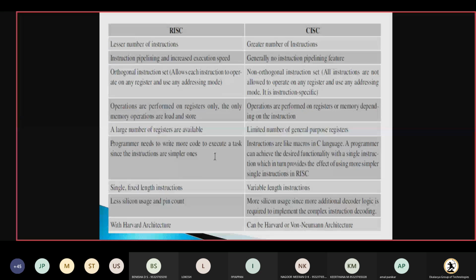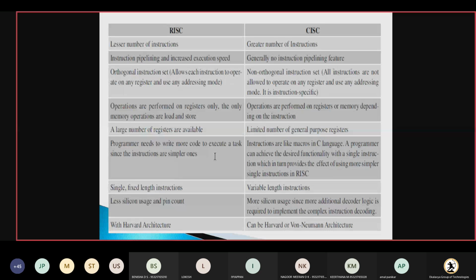So if I am having an orthogonal instruction set, as in RISC, any type of addressing mode I can use, there are no restrictions, and any register can be used. Whereas CISC is a non-orthogonal instruction set, so it needs to use a particular register. For example, in 8086, if you remember, we have an accumulator.